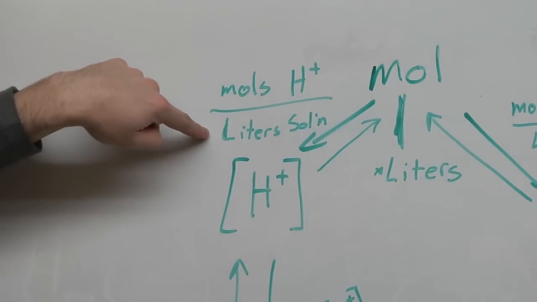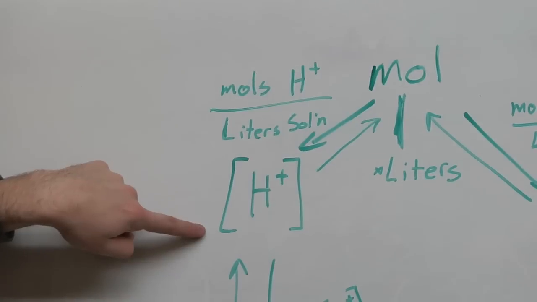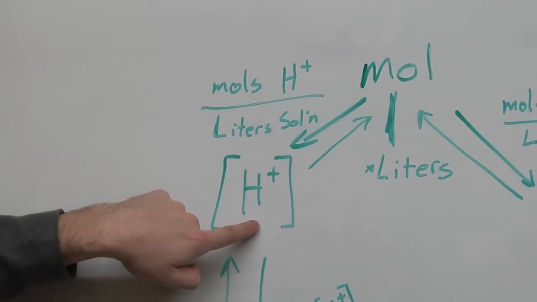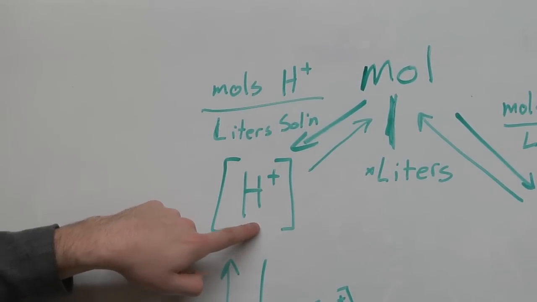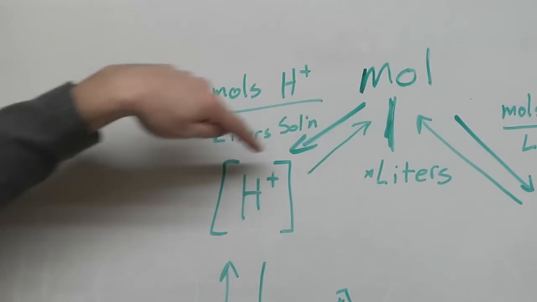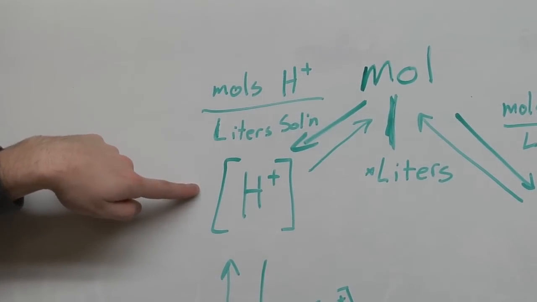And that will always give you concentration. In chemistry, we do these square brackets around a certain thing, and that says we're dealing with the concentration of that substance, which is always moles of that thing divided by liters of solution. So to go down to the square brackets, simply divide by liters, and you're finished.